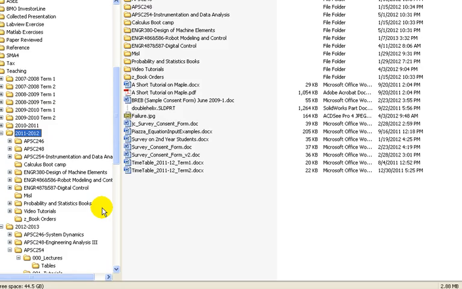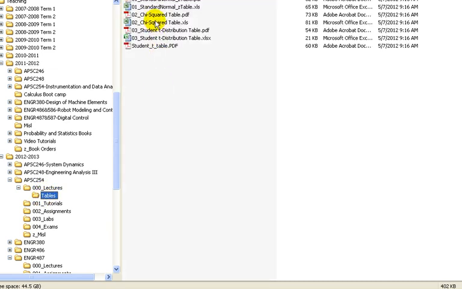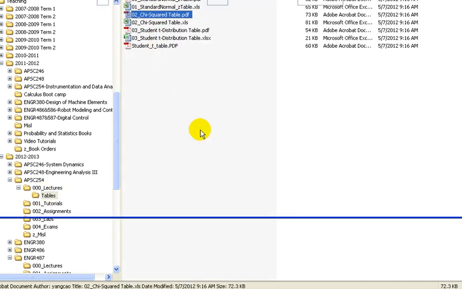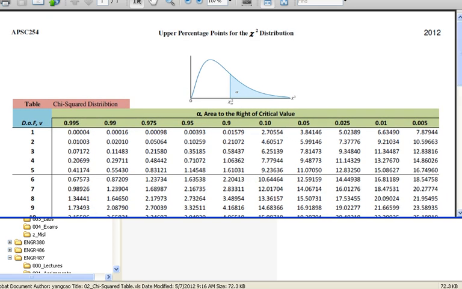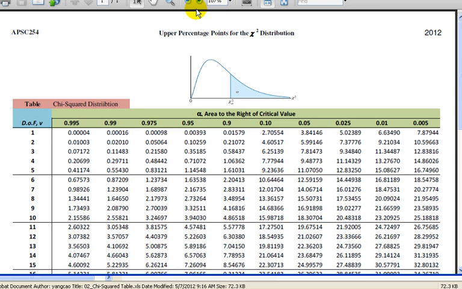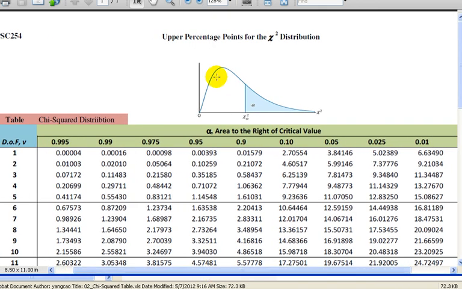Let's look at the table. This is the chi-squared table, and you have to be careful about how the table is given. For any particular chi-square value, you have this alpha value, which is the area to the right, that much of a probability.